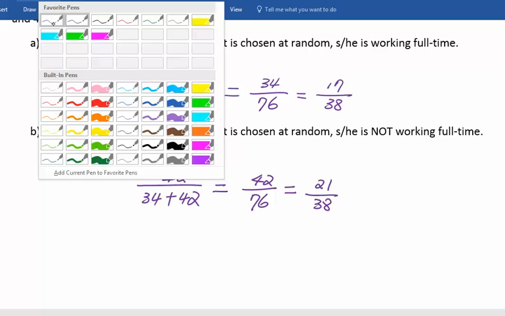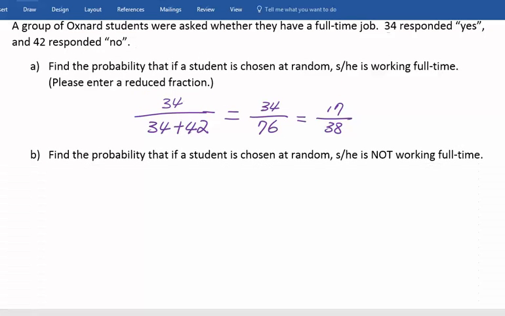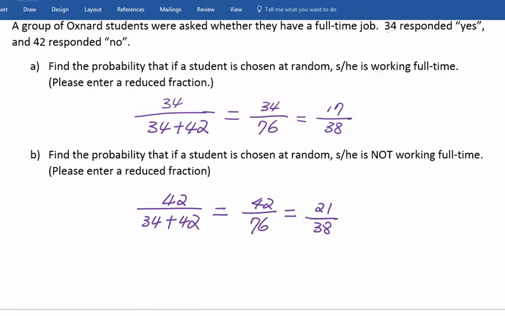Now officially this is the end of my calculation, but I would like to point out one thing. Notice that 17 over 38 plus 21 over 38 equals 38 over 38, which equals 1.